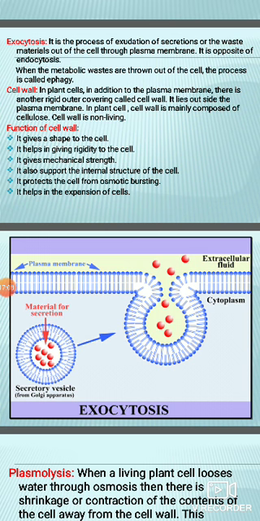Whatever materials need to be secreted or excreted are packed in vesicles, like whatever food we take from the market, we have in separate packets. Just like that, inside the cell every material is packed inside vesicles. Now these vesicles get attached to the plasma membrane. It fuses with the plasma membrane and liberates those materials outside the cell into the extracellular fluid. This is the process of exocytosis.